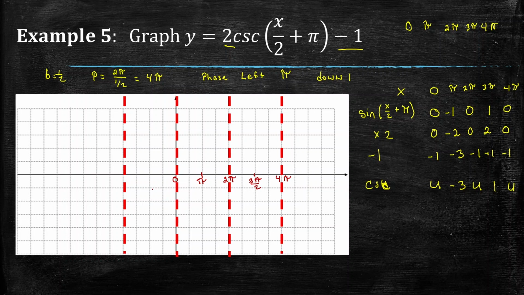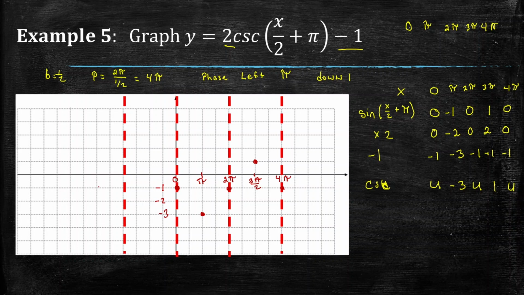Let's call this, well, I'm going to have to use all of these. So this is -1, -2, -3. Okay, so at 0, I'm at -1. And then at pi, I'm at -3. Back to -1, up to +1, back down to -1 again.